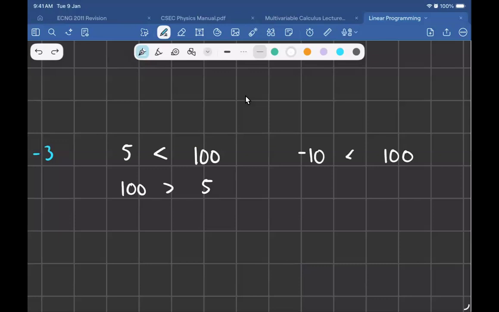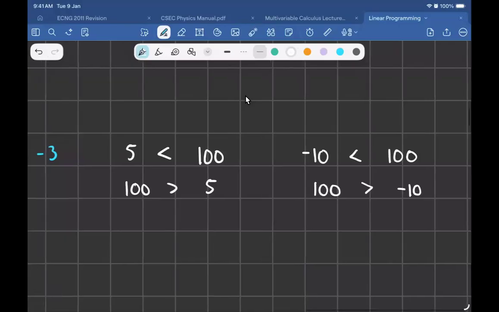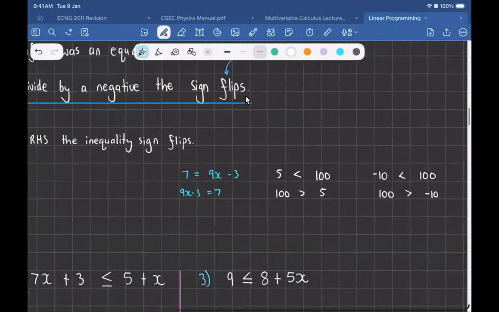What if I interchanged the left-hand side and the right-hand side? So let's say I wrote 100 and minus 10. Would it still be correct for me to say 100 is less than minus 10? No. Or would I have to flip the inequality sign? You have to flip it. Exactly. You understand that? Great. Let's look at the other rule now.